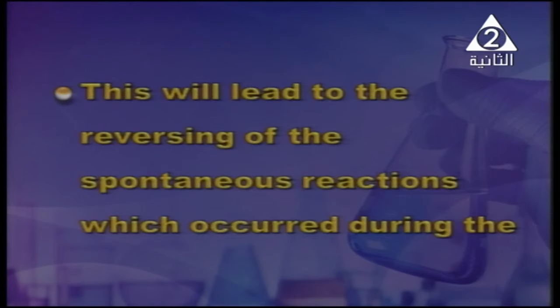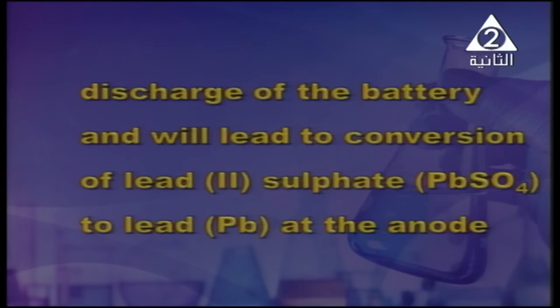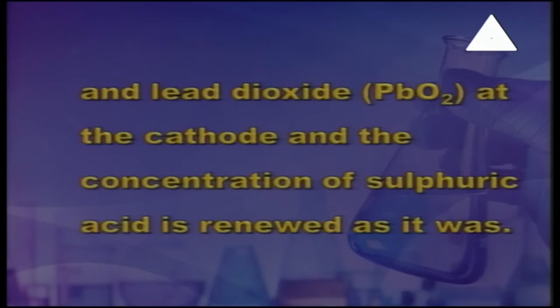This will lead to the reversing of the spontaneous reaction which occurred during the discharge of the battery, and will lead to conversion of lead sulfate PbSO4 to lead Pb at the anode and the lead dioxide PbO2 at the cathode, and the concentration of sulfuric acid is renewed as it was.